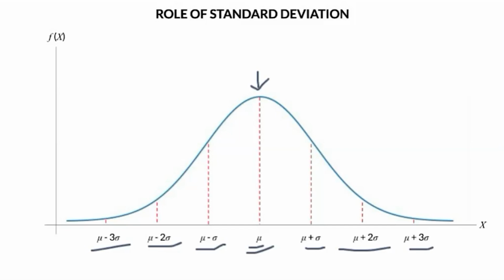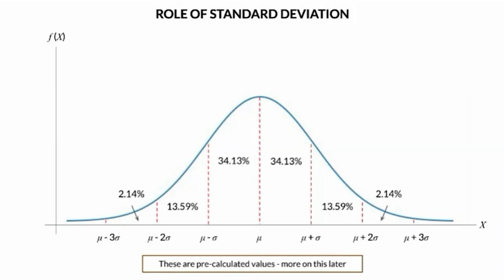The very interesting part is that you can see the percentages and proportions of values in these intervals. About 34% of your data will always lie between mu minus sigma and mu.